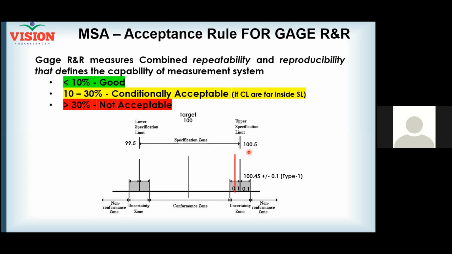For 100.45, you apply an error of plus 0.1. What will happen to your reading? It is inside, it is correct, but the error is 0.1. So when the error gets added up, the reading goes beyond the specification, outside specification. A product which is good will now get rejected. A good product getting rejected increases the manufacturer's risk. This is called type 1 error.